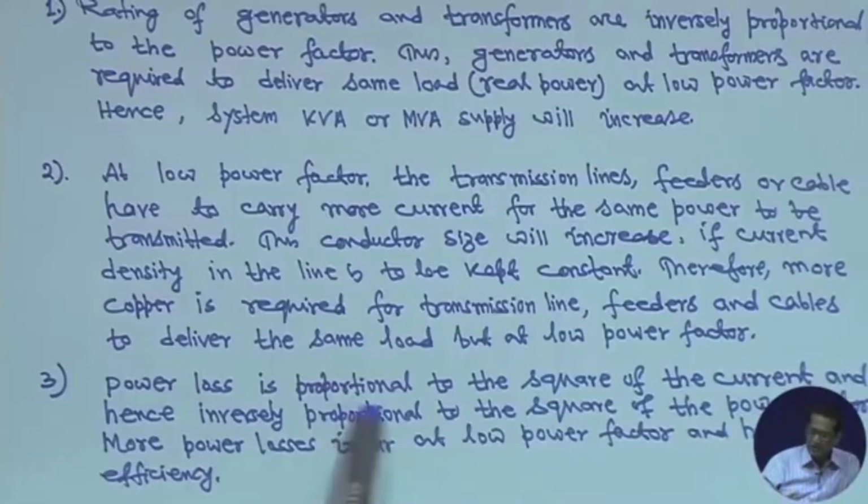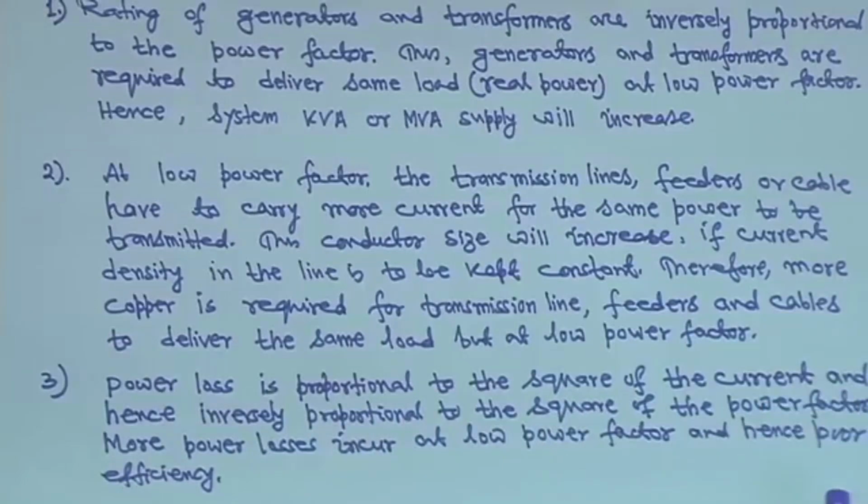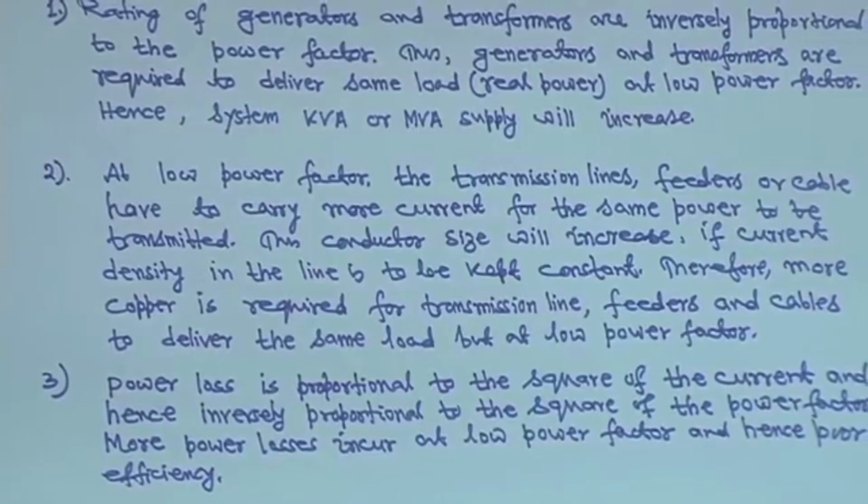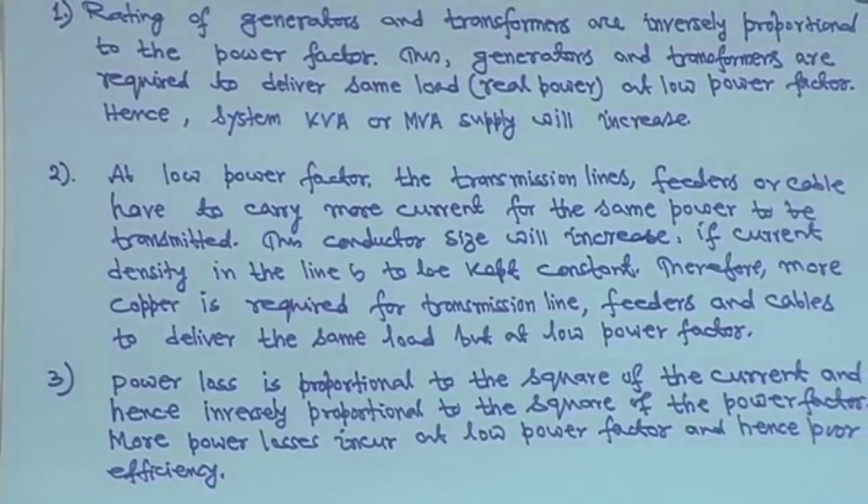Number 3 is power loss, which is proportional to the square of the current and hence inversely proportional to the square of the power factor. So, more power loss is incurred at low power factor and hence poor efficiency. That means transmission line efficiency will be poor because line current will increase and therefore power loss will increase.